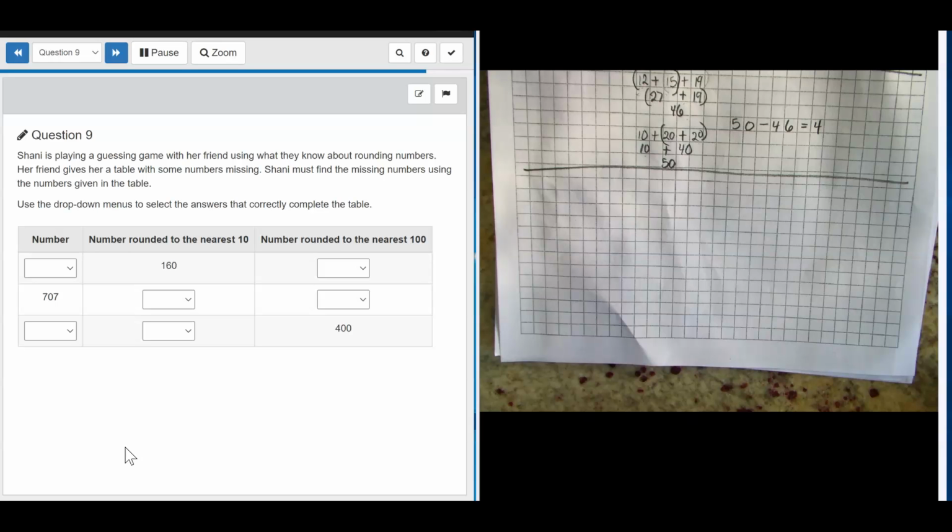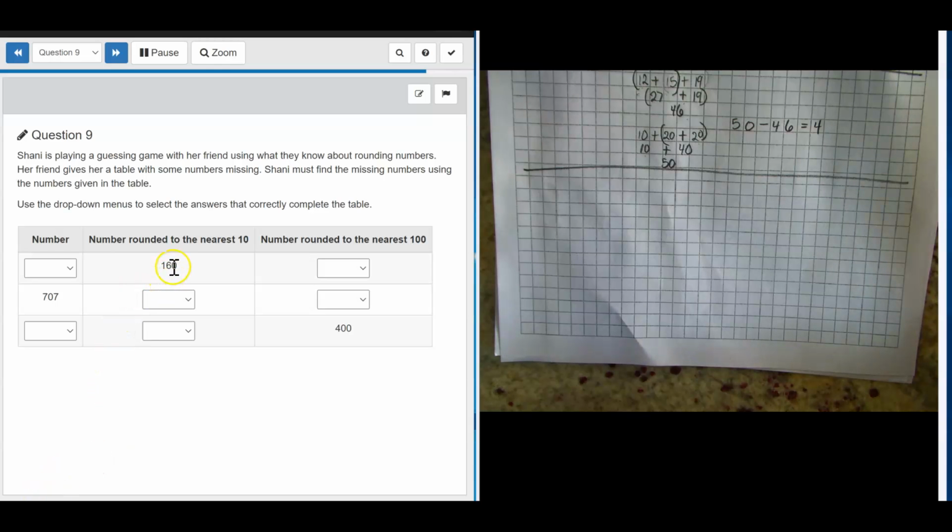If the number is a 0, 1, 2, 3, or 4, then keep the digit, hundreds or tens, the same, and change the remaining digits to the right to 0. If the number is a 5, 6, 7, 8, or 9, then increase the digit by 1 and change the remaining digits to the right to 0.